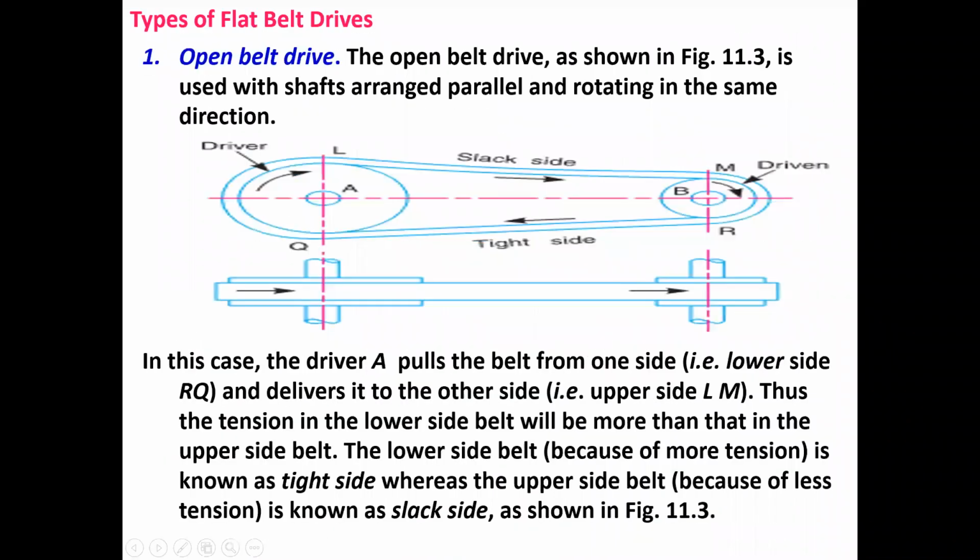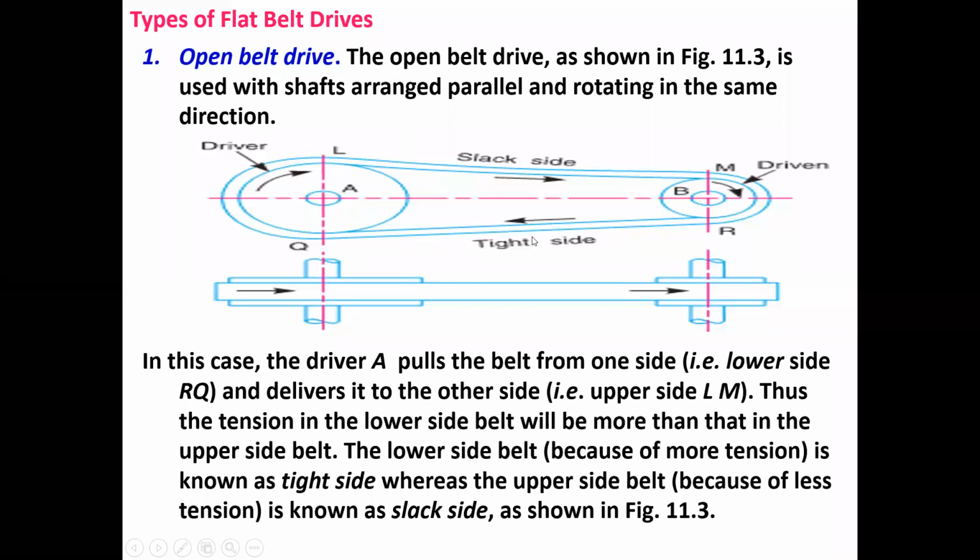So open drives are there. How do we arrange the open belt drive? All of you observe: we have the driver and driven pulleys, and we arrange a flat belt drive to connect the driver and driven.